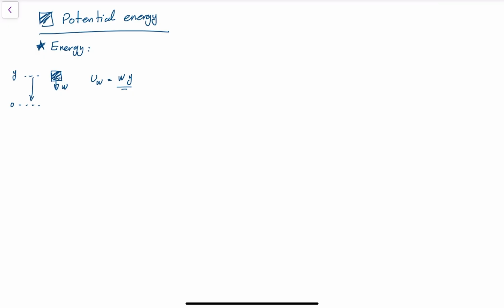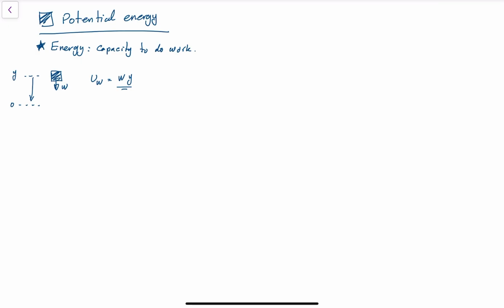So let's go with this. Energy is capacity to do work. If something has capacity to exert force onto other pieces, we say it has energy.